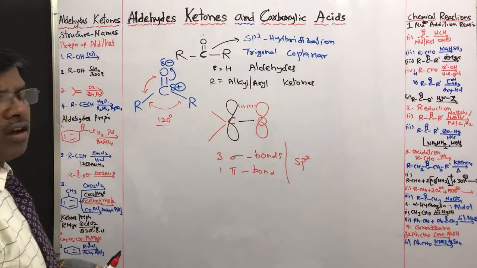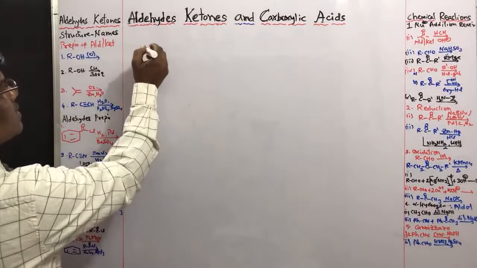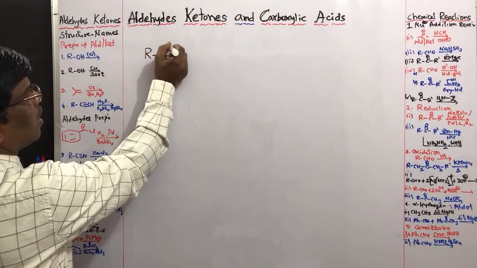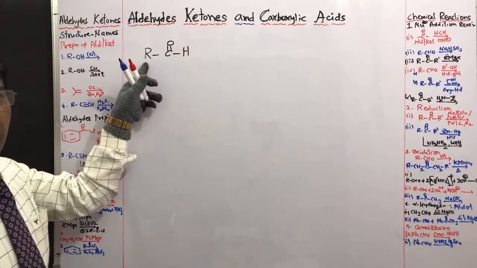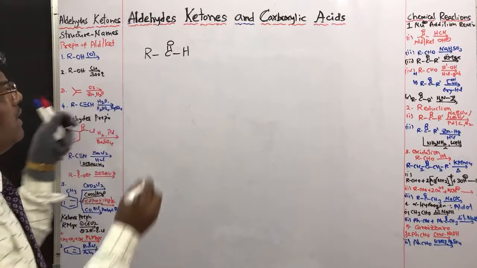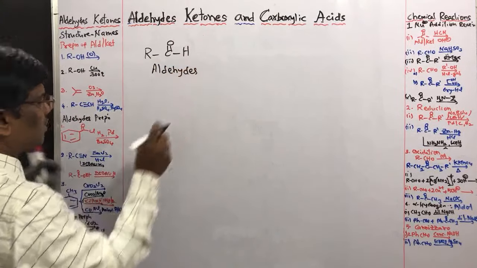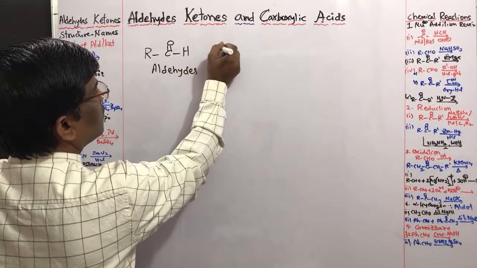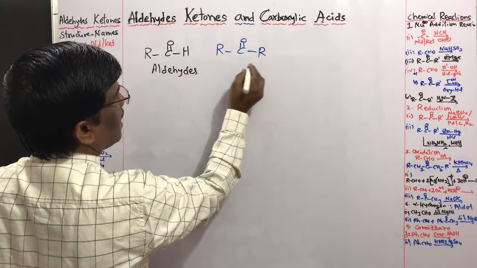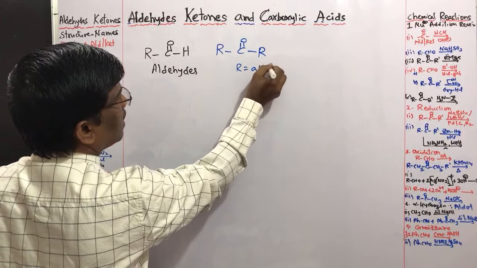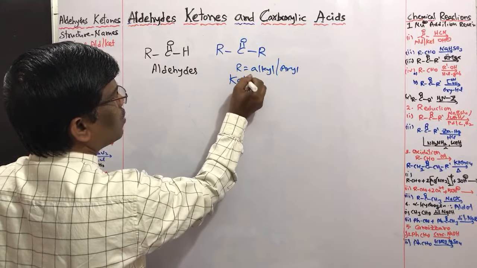Then what are the common carbonyl compounds we come across? For example, if it is a hydrogen and R can be alkyl or aryl, it doesn't matter, these are aldehydes. If R is alkyl or aryl and this side is also an alkyl or aryl group, then these are known as ketones.